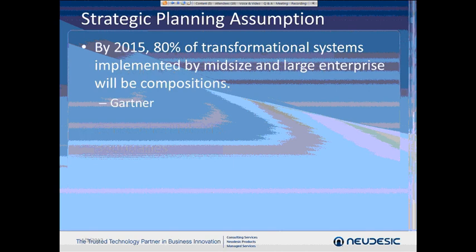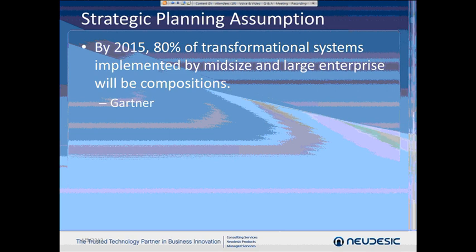Gartner has published a paper which includes a number of strategic planning assumptions that revolve around the topic of composition. And what they say is that by 2015, so in the next 2 years, 80% of transformational systems implemented by mid-size and large enterprises will be compositions.